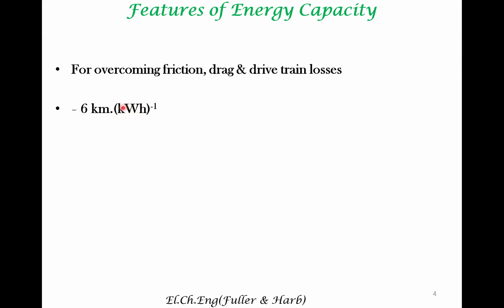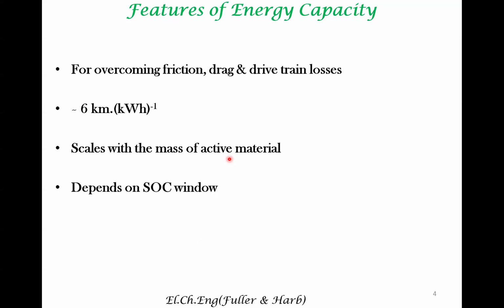So, per unit of this, you are able to travel 6 kilometers. The energy capacity scales as the active mass of the electrode of the battery. So if you want to increase the capacity, you have to increase the mass of active material. That would also increase the weight of the battery.